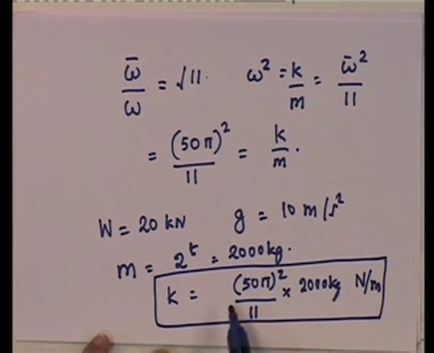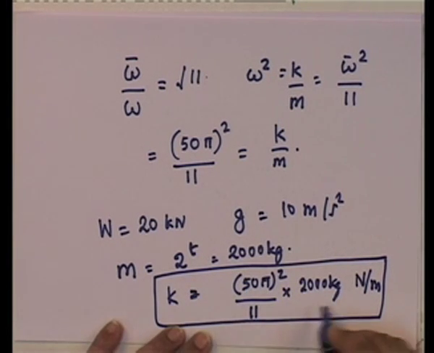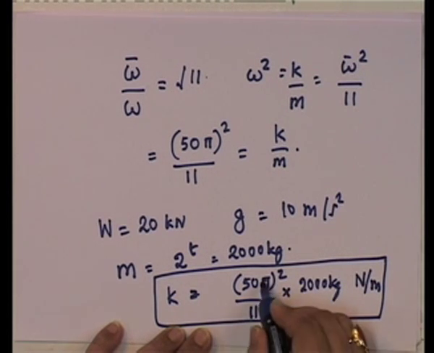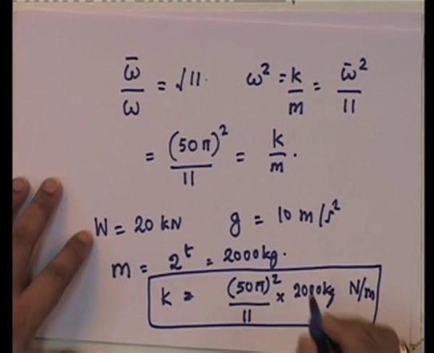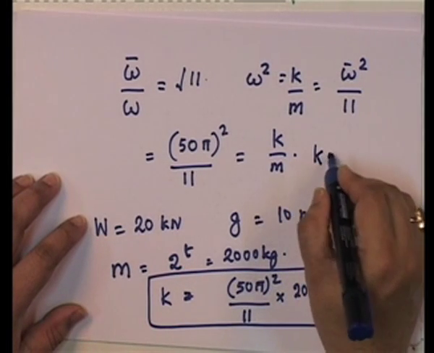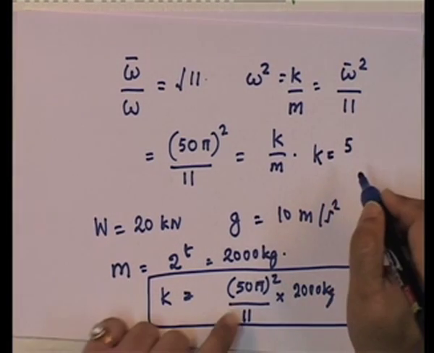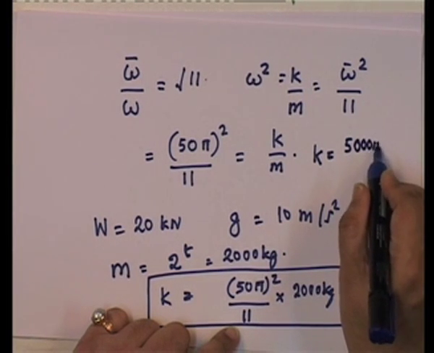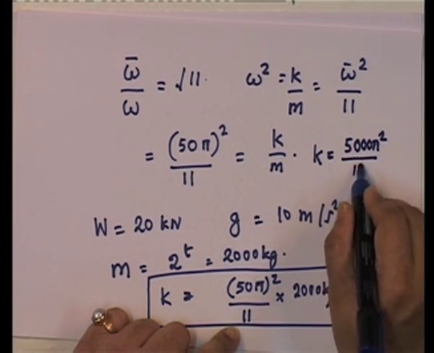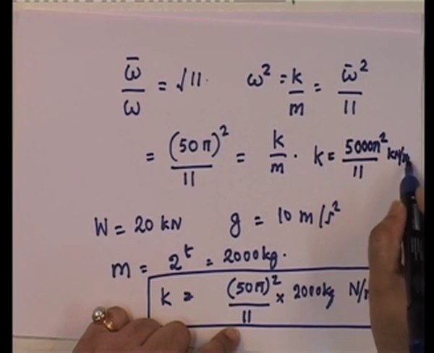You can get the value, but it doesn't really matter what this value is. If you look at it, you will see that this becomes kilonewton per meter, and this is 5000 pi squared. So, k is equal to 5000 pi squared upon 11 kilonewton per meter.